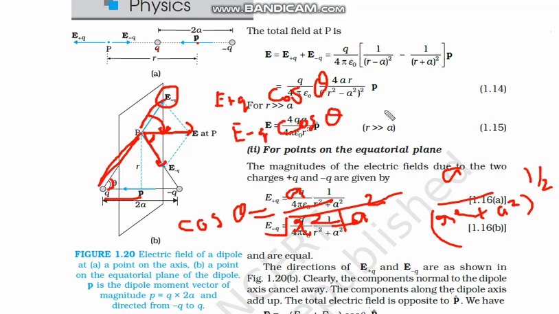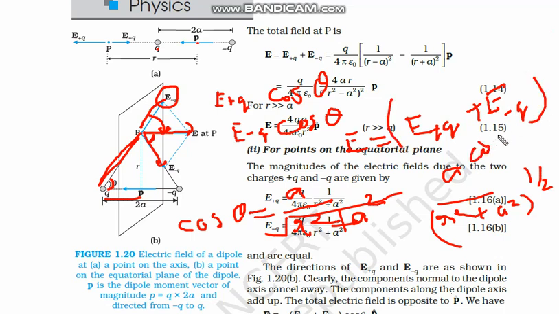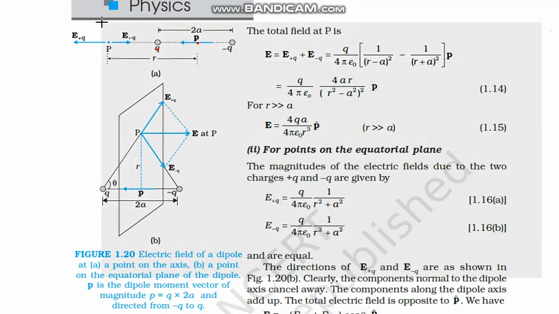Since cos theta is the same, the total electric field E is equal to E positive plus E negative, and cos theta is common. So here comes this equation: E negative plus E positive, multiplied by cos theta.